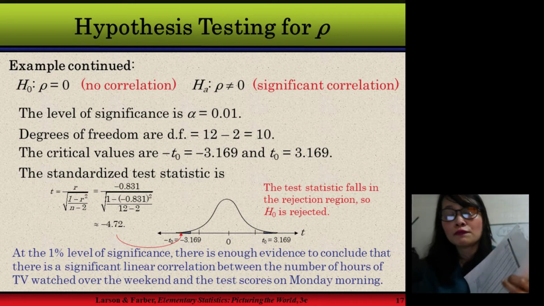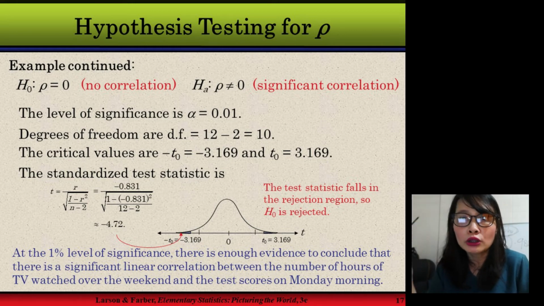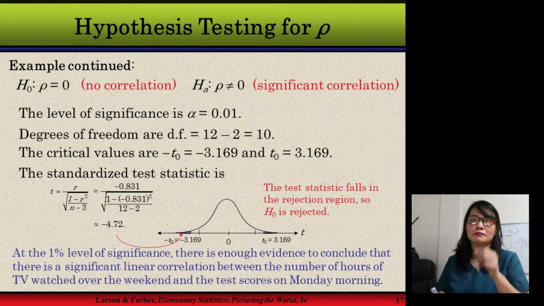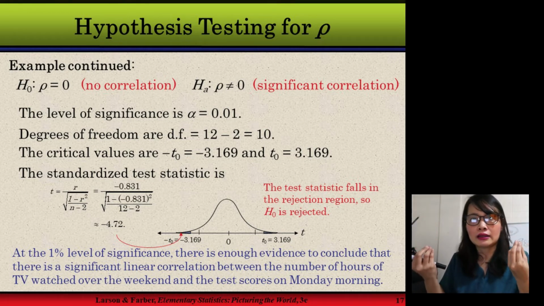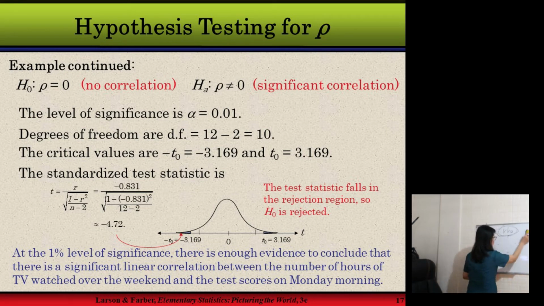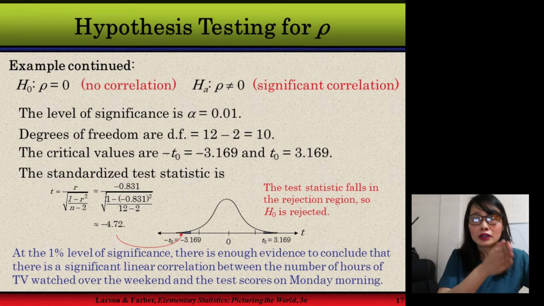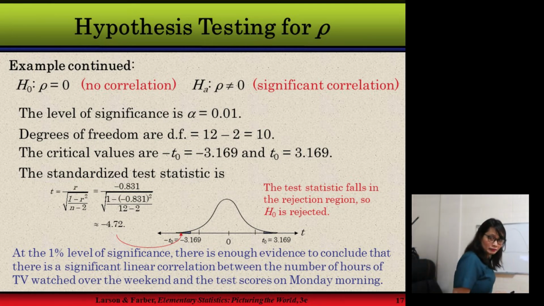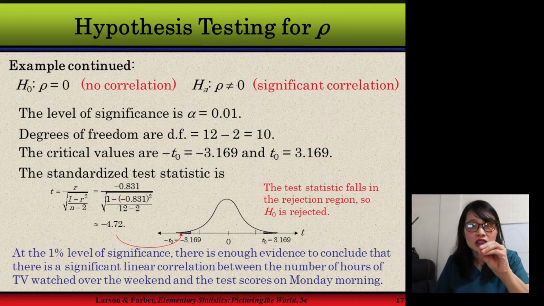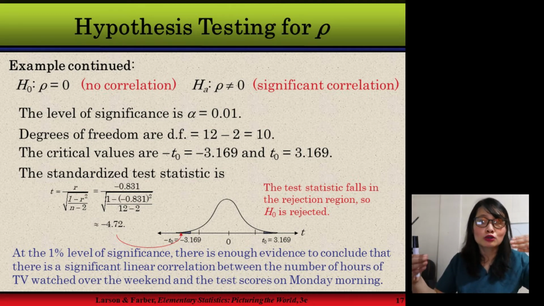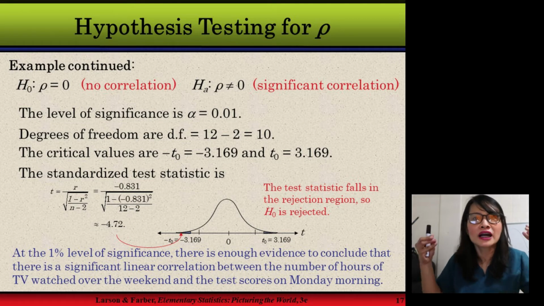If you have noticed, the given is 3.169, but since the test that we're using is two-tailed, meaning both sides have a value. Each side has a critical region. That's why you have negative 3.169 on the left side and positive 3.169 on the right side, because we're talking about a two-tailed test. So that's where the critical regions are.